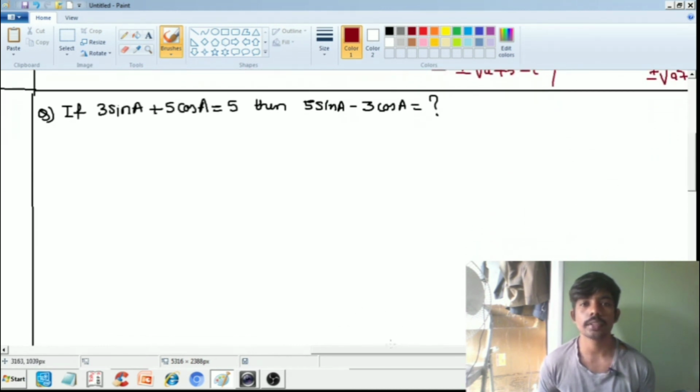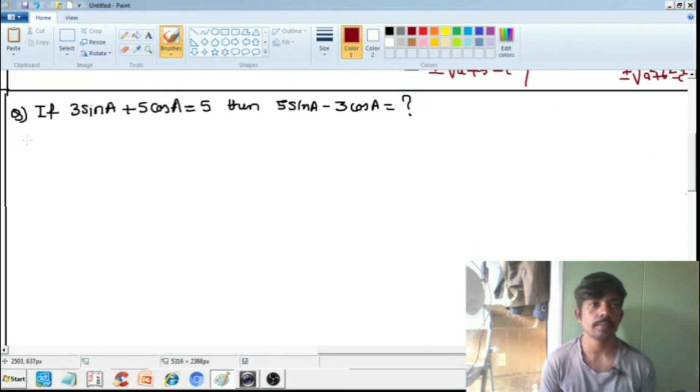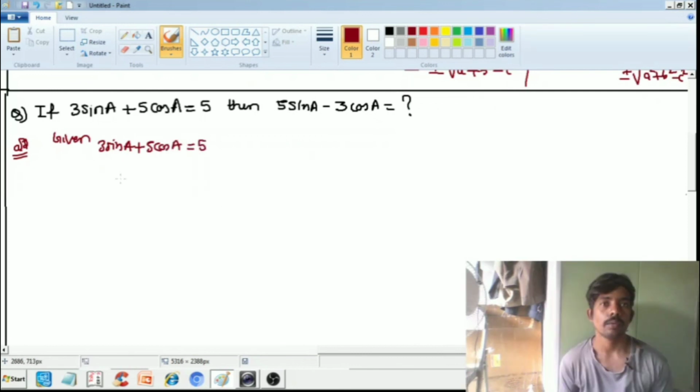In a similar question, there we had a, b, c, here we have numbers. Given: 3 sin a plus 5 cos a is equal to 5. What is he asking to find? 5 sin a minus 3 cos a is equal to how much, we don't know. Let us assume k.